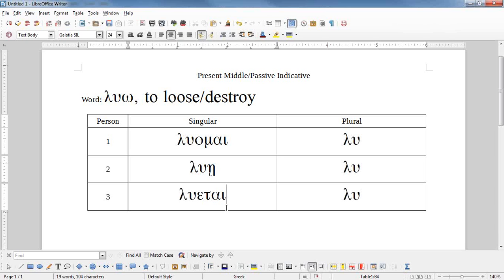First person plural: omicron, mu, epsilon, theta, alpha.